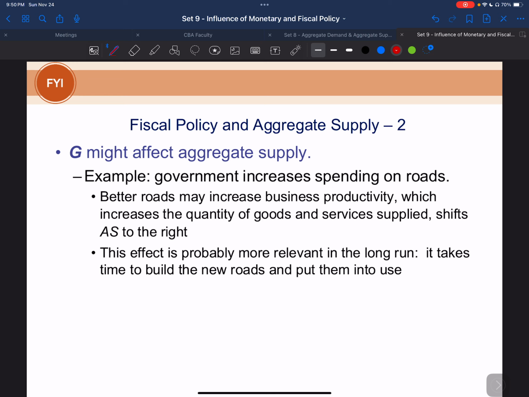This effect is probably more relevant in the long run. It takes time to build the new roads and put them into use. So that's why the effect of G on the aggregate supply is mainly relevant to the long run case, and it affects the long run aggregate supply.